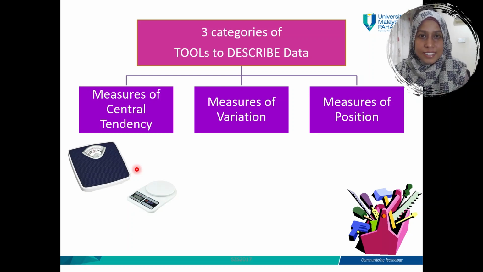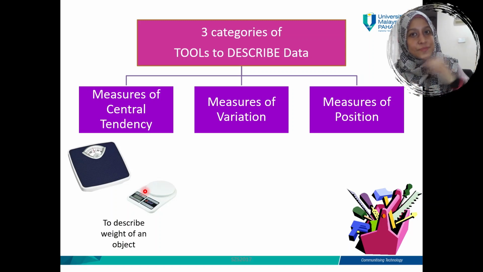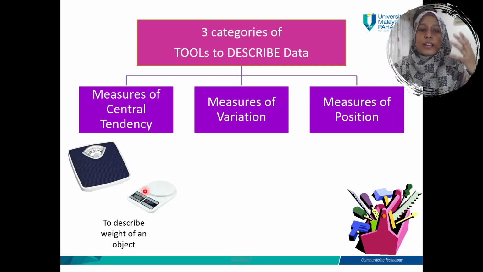Am I right? So even though there are 2 different things, they have the same function, which is to describe weight of an object. So this tool is used to describe weight of an object.